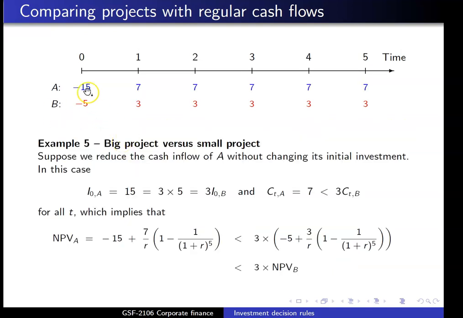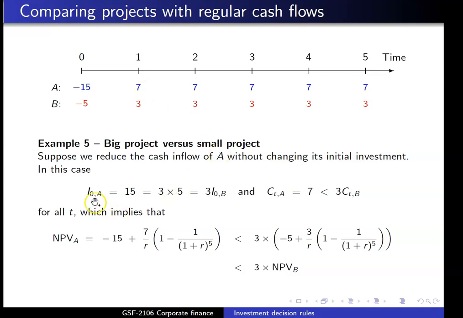Now, suppose we take all the cash flows and I reduce them by 2 units. A is still 3 times as costly as B, but it does not return 3 times the cash flows.